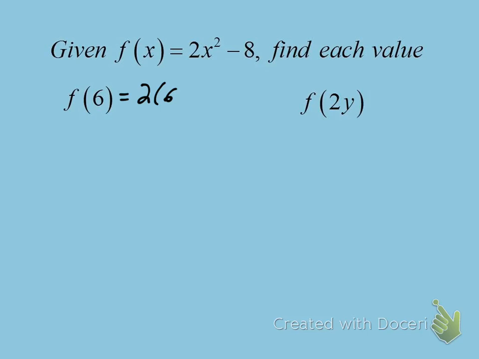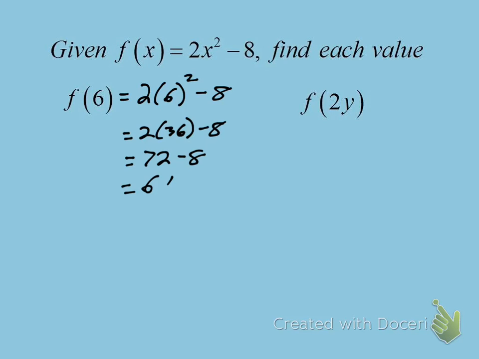Why is it not 64? It is 64. Okay, so follow your order of operations from there. You plug in the 6 to this part. Square 6: 36. You double that.